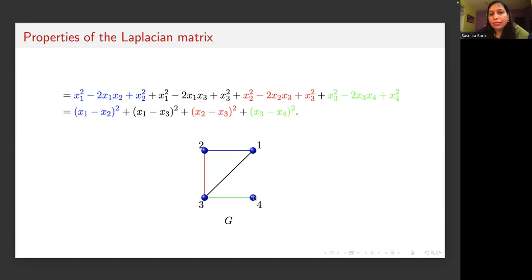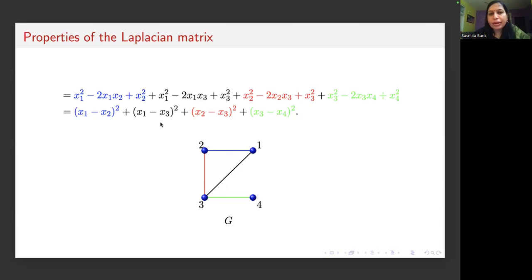And 3 and 4, they are adjacent, you will get 1. And finally, you can express them as squares. So when there is one edge between two vertices, you will get one expression like this. So 1, 2 are adjacent, then x1 minus x2 whole square will come. Similarly, how many edges are there, those many terms will come, and all are squares.